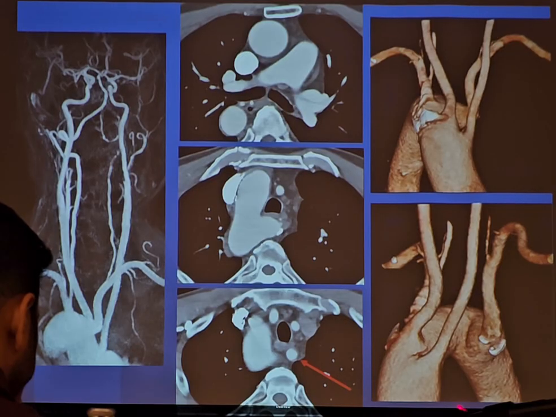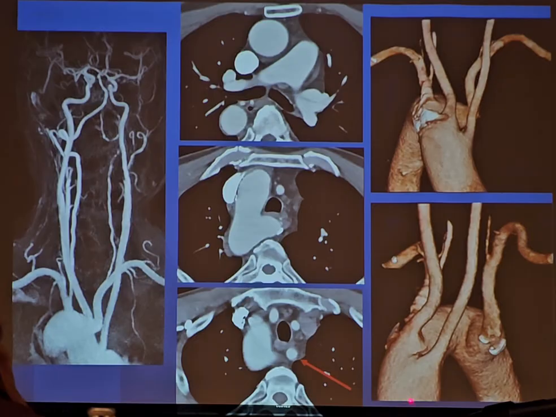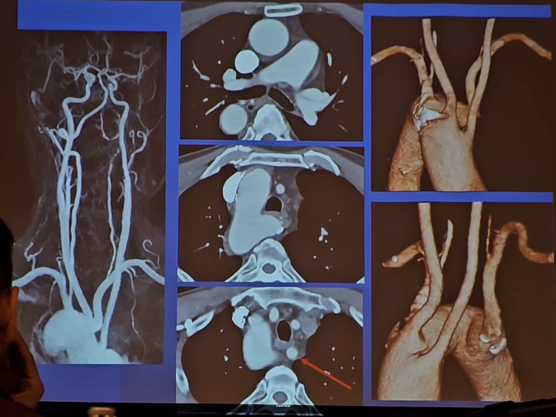So this is right-sided aortic arch. Complete reverse, but similar to aberrant subclavian artery. This is the configuration of aberrant left subclavian artery because the artery is on the right side.